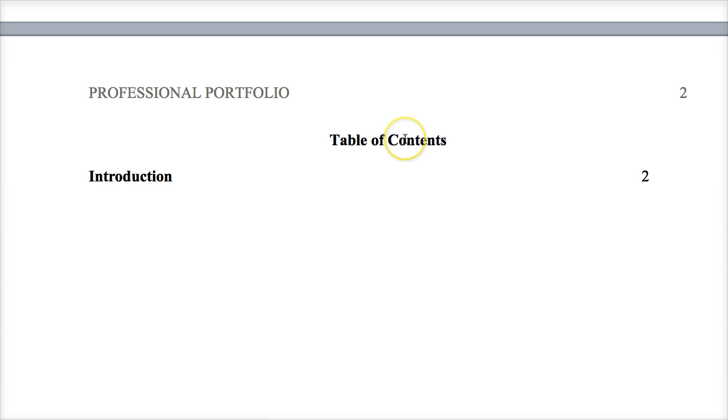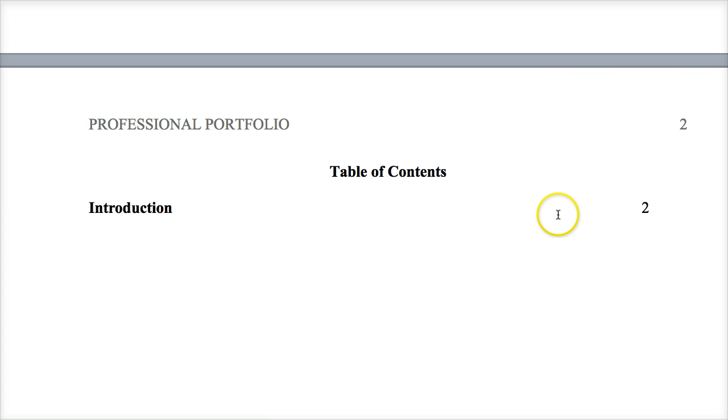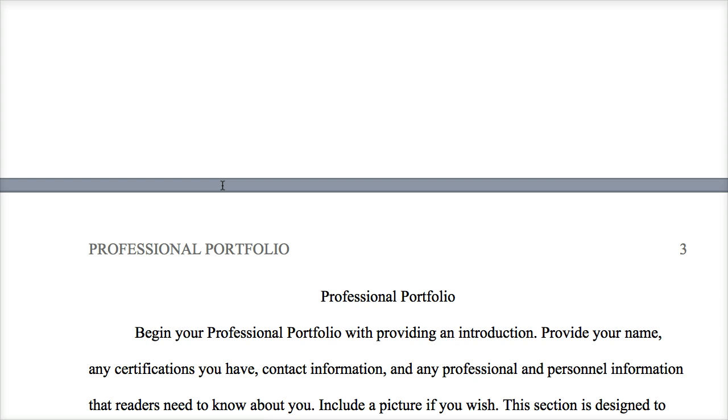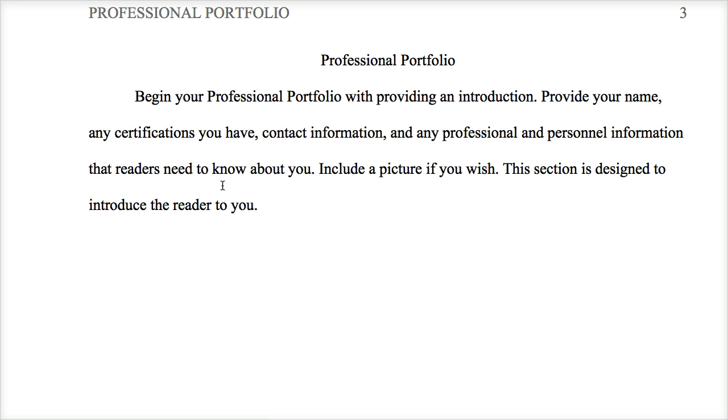You have your table of contents that you'll include, and this will grow with the number of pages that you have in your portfolio. And to be honest with you, I just realized a mistake on this table of contents. This should be page 3, not page 2, because our introduction is on page 3. There you go.